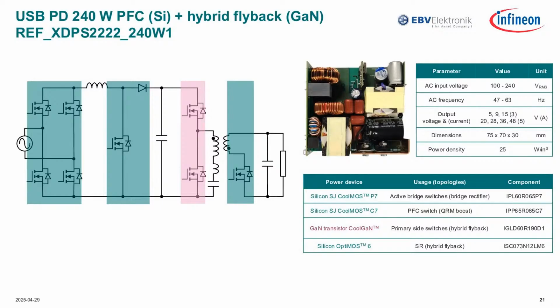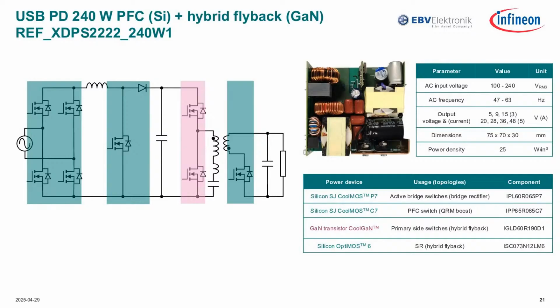see on the left-hand side a simplified circuit diagram, which uses a silicon device to replace the bridge rectifier, the second device in the PFC, and then a gallium nitride device for the hybrid flyback, and then a silicon device again in the synchronous rectifier.